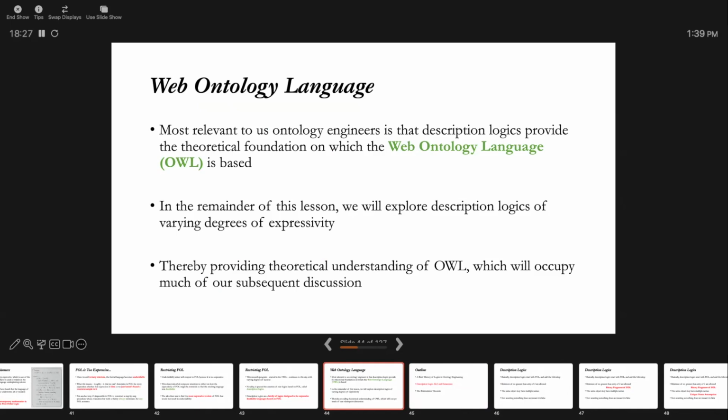Now, in the remainder of this lesson, we're going to explore description logics of various degrees of expressivity. And in doing so, we're going to gain a theoretical understanding of the backbone of OWL. And what we're going to do when we're, for instance, working on project 1 is going to be very OWL specific.